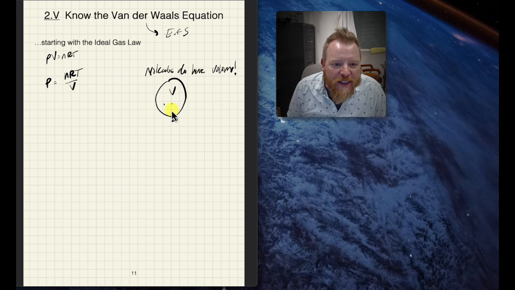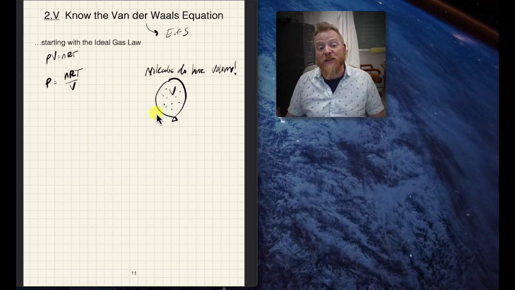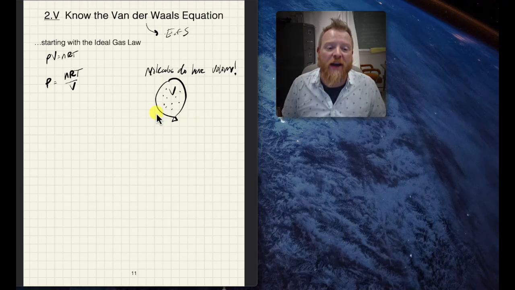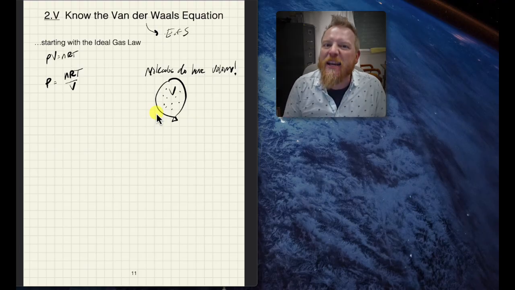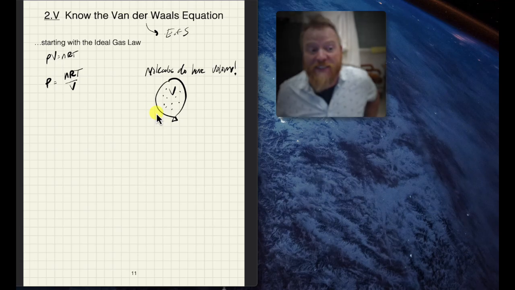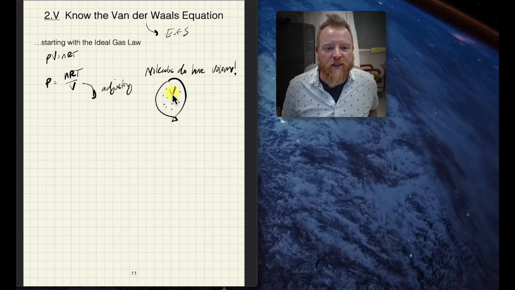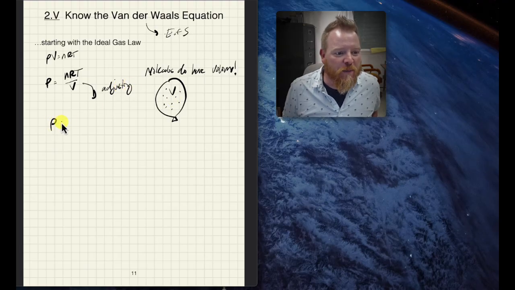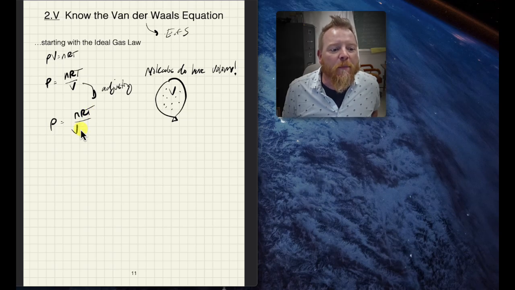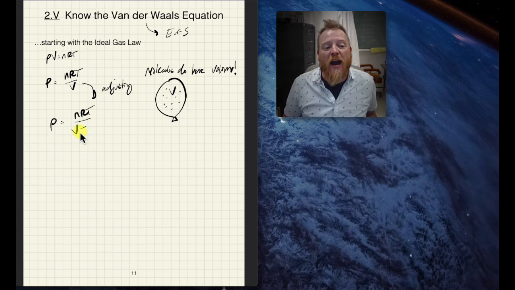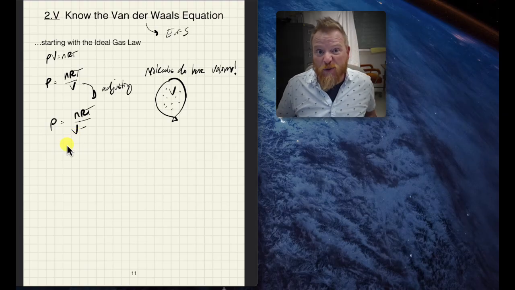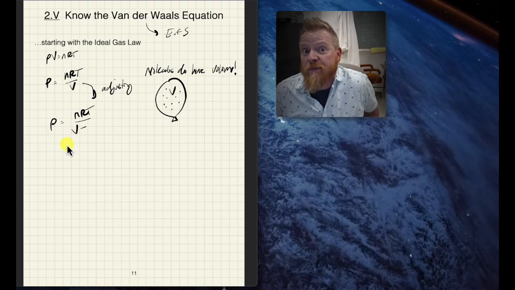But if we consider how much volume each of those molecules actually does occupy, then that dead space or occupied volume is actually slightly less. So adjusting for this idea, we're going to say P equals nRT over V minus, and now we've got to subtract the volume of the actual molecules.